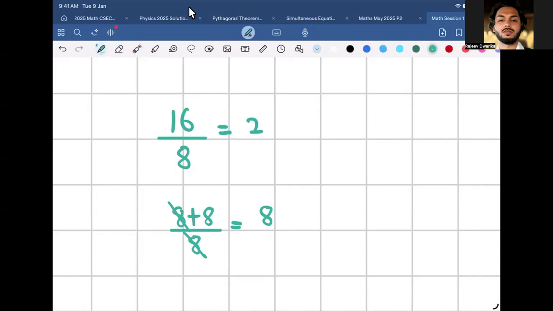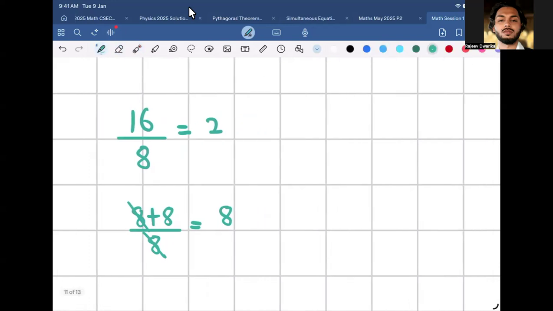Hold that thought. We started off with the answer 2, right? So you understand 16 over 8 is 2. Yeah, makes perfect sense. And I could write 16 as 8 plus 8.